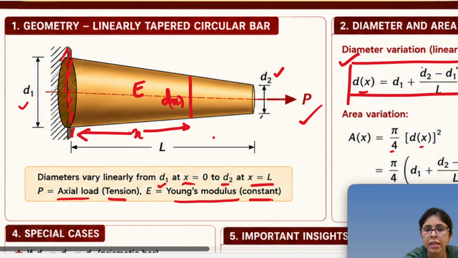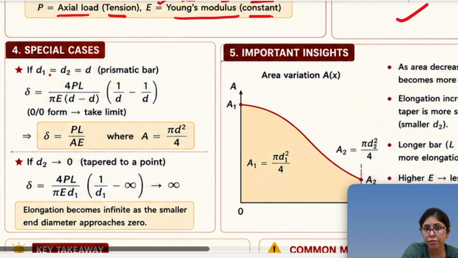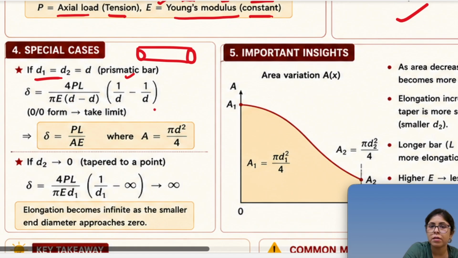Now let's see some special cases. The special case is if d1 becomes equal to d2. That means the bar is something like this, with constant area everywhere. So it's a prismatic bar. We call it prismatic where the area is not changing. So you will get d minus d, so it becomes a 0 by 0 form, right?